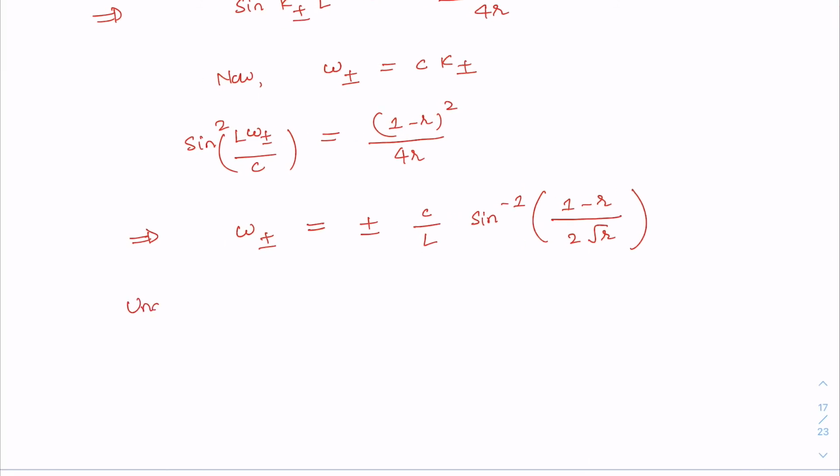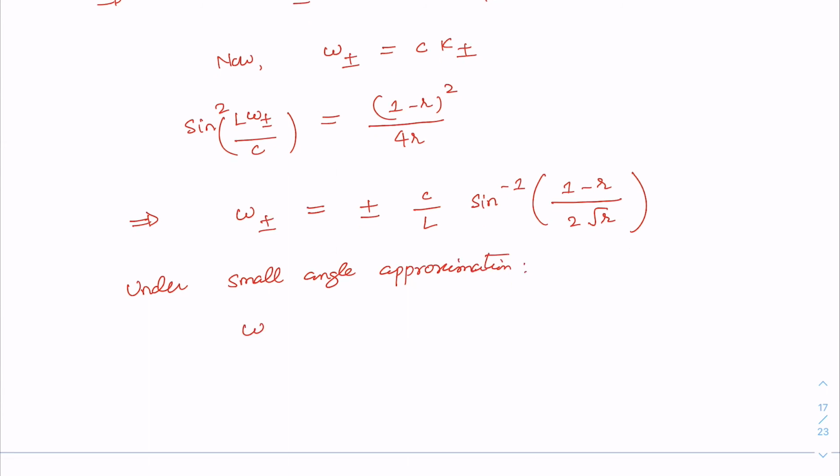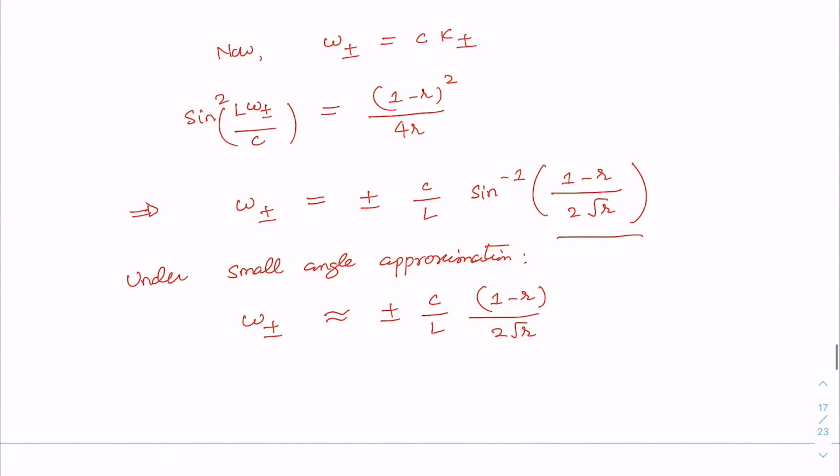So under small angle approximation we can write omega plus minus nearly equal to plus minus c by L, and we'll just keep this term 1 minus R divided by 2 into square root of R.